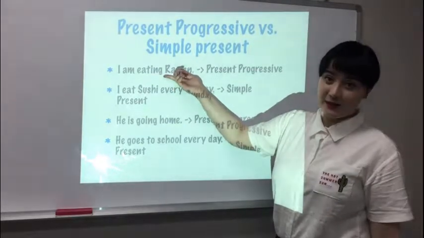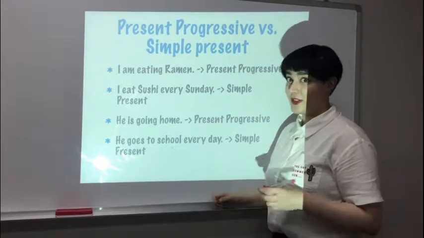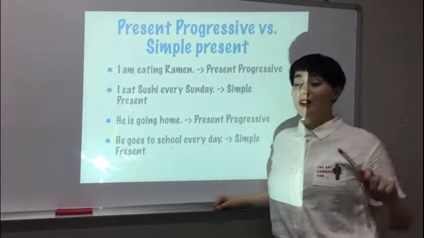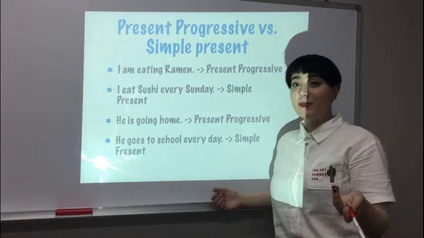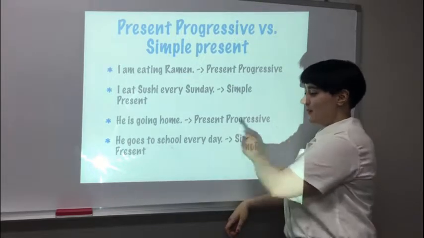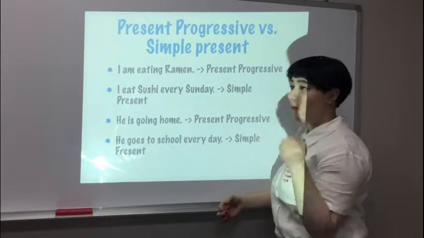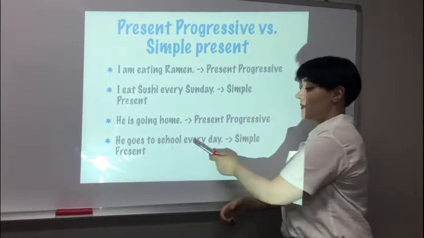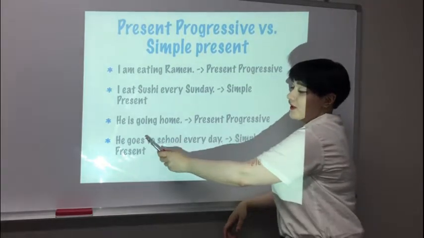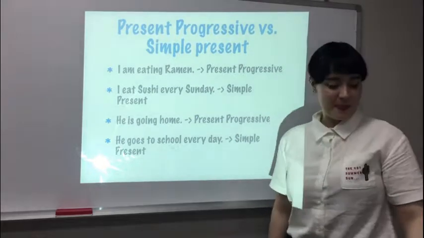I eat sushi every Sunday: we have every Sunday, we don't use ing, so it's simple present because it's a routine. He is going home is present progressive because of ing, so he's going home right now. He goes to school every day is a routine. We don't have ing, so he doesn't just do it right now.